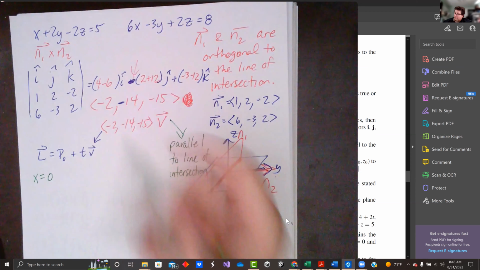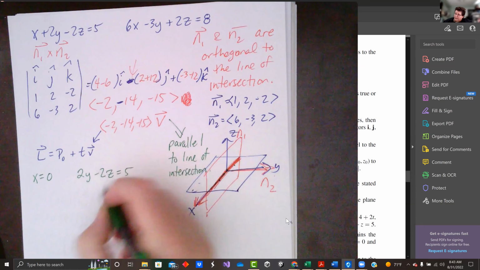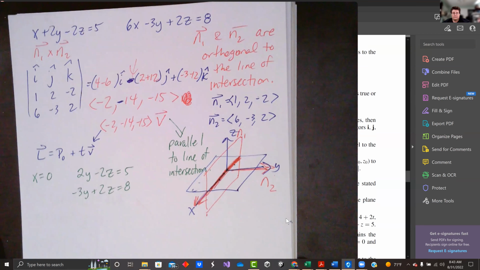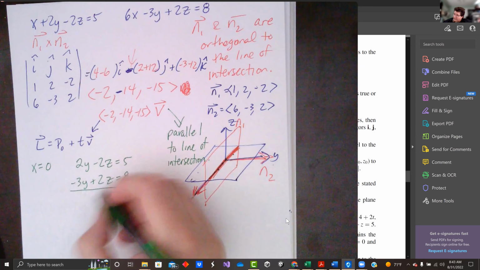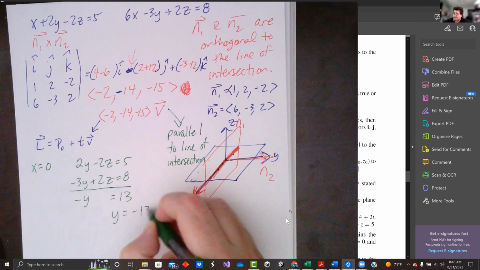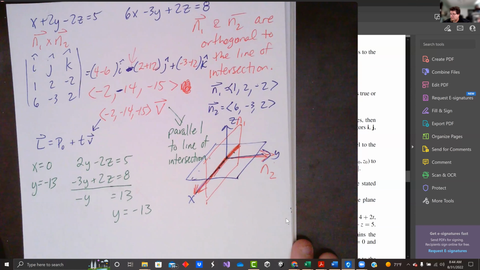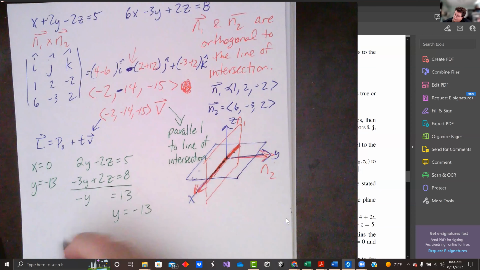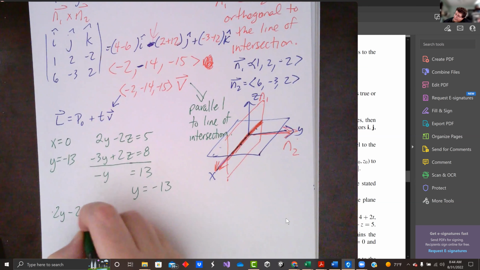If I do x equals 0, I'm left with 2y minus 2z equals 5 and -3y plus 2z equals 8. If I add the equations, I've got -y equals 13, so y equals -13. Now I just have to go back and plug it into one of these. 2y minus 2z equals 5.